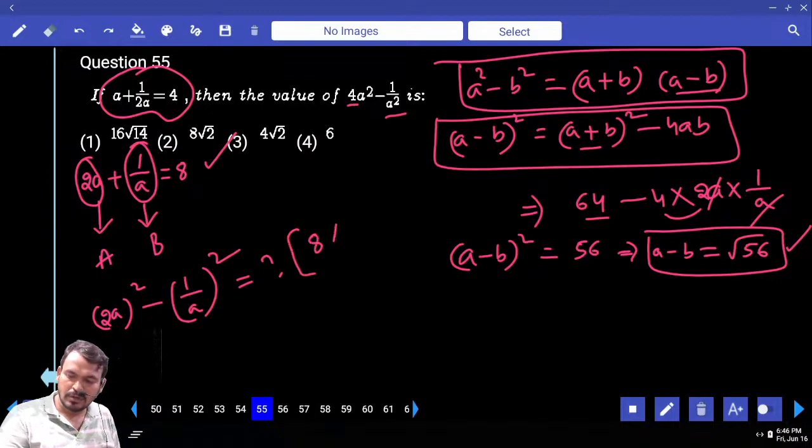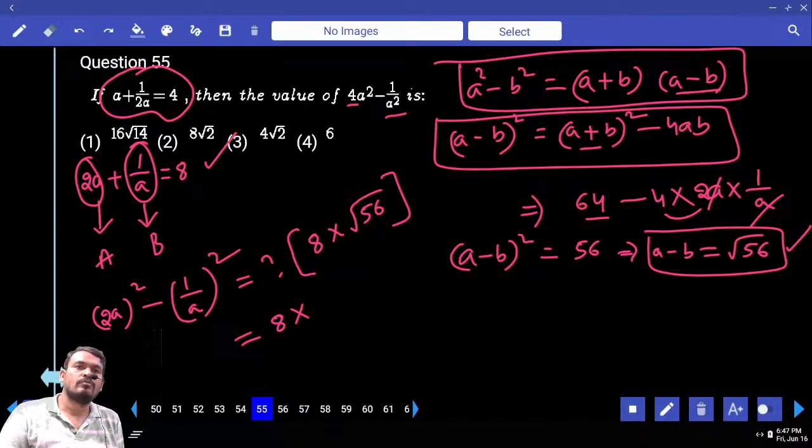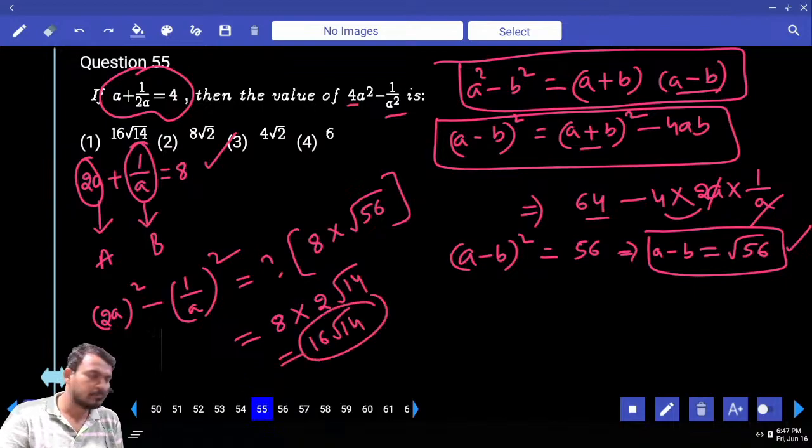Then it is equal to 8 into square root of 56. 8 into square root of 56 means 2 root 14, since 56 means 4 into 14. Yes or no? This one we write as 2 root 14. 8 twos are 16 root 14.